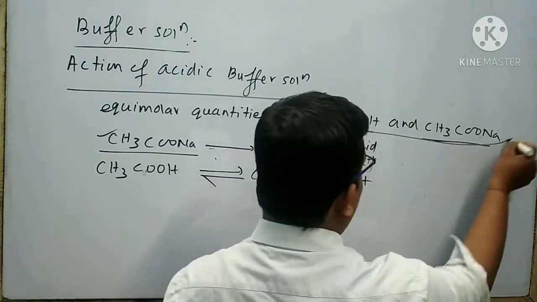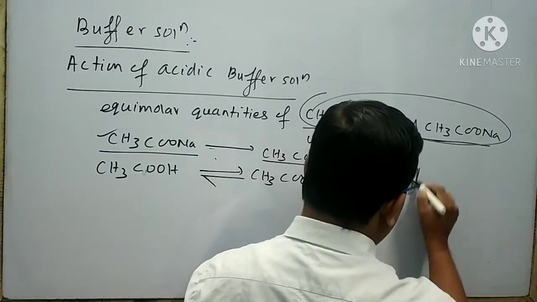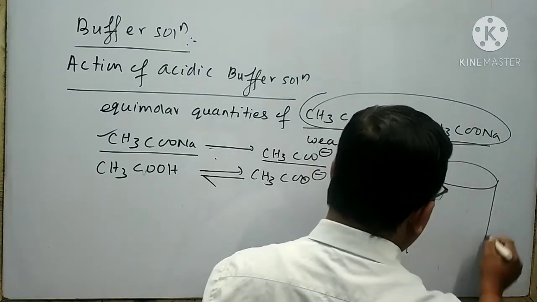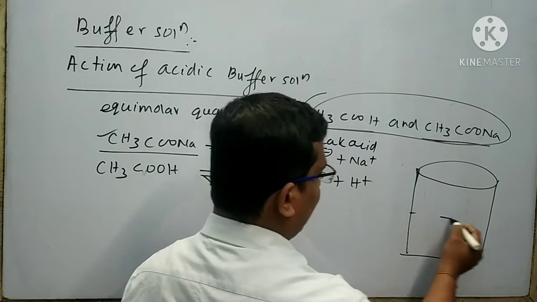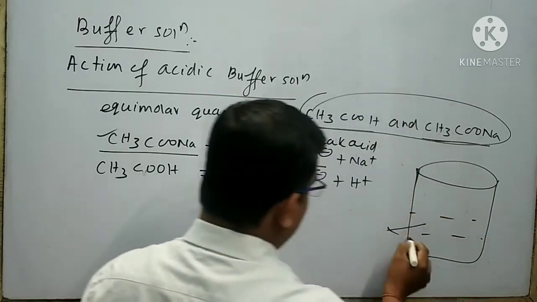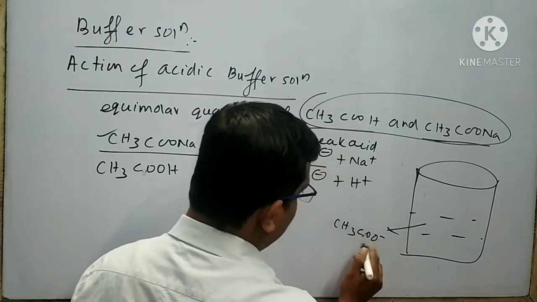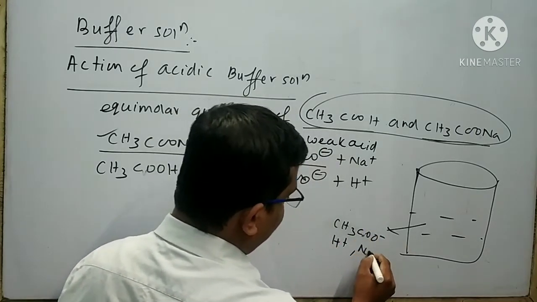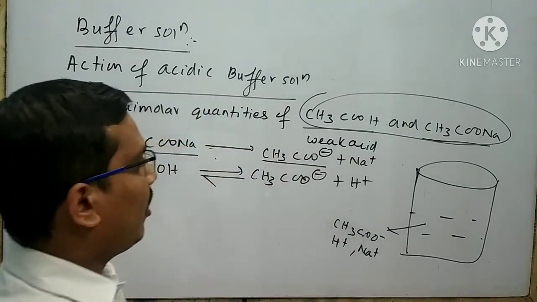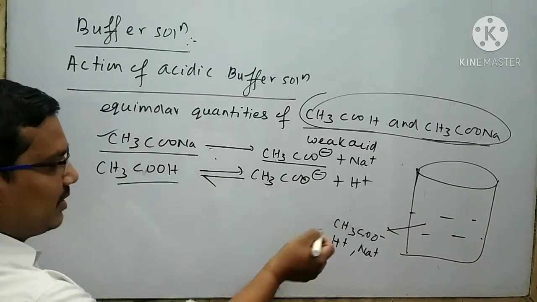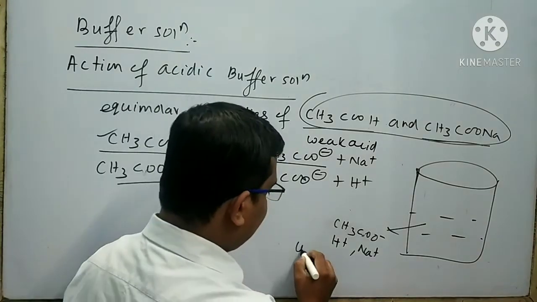Suppose I take these two species in a beaker, then what will happen? In this beaker, CH3COO minus ions, H plus, Na plus and unionized acetic acid are present.